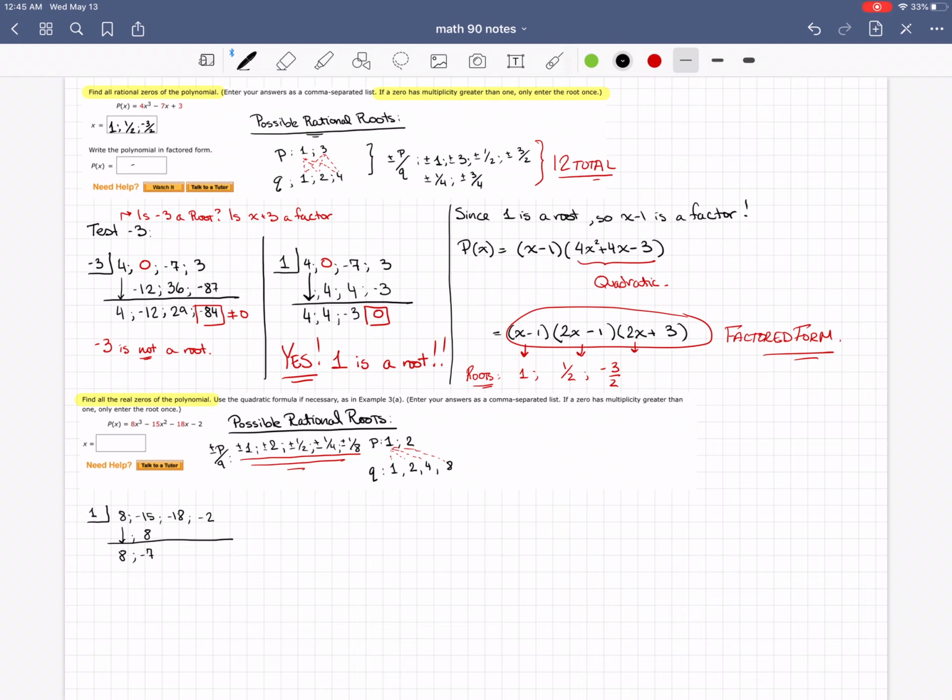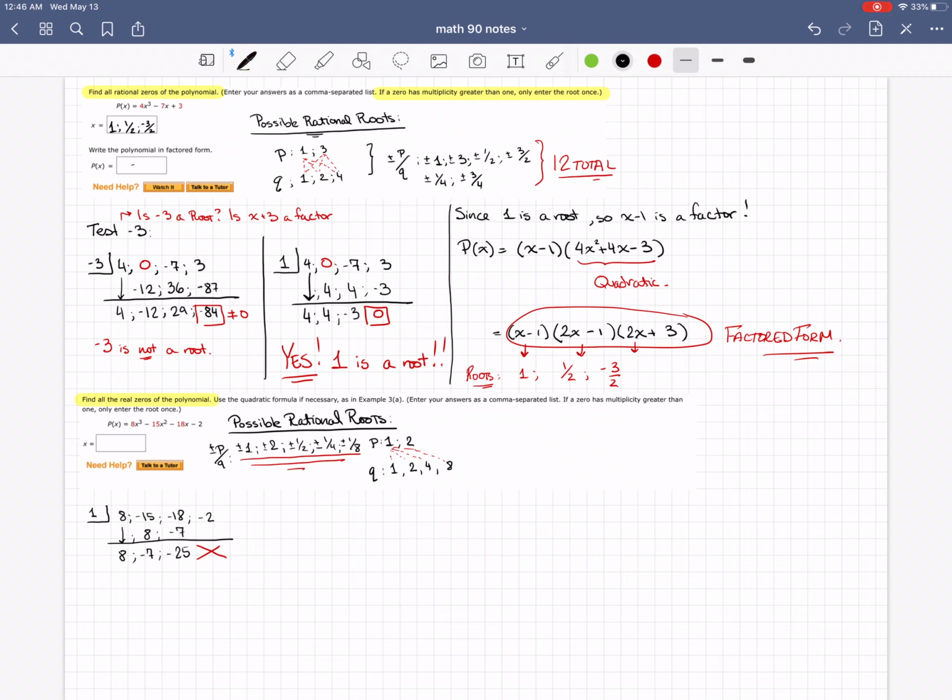Yeah, it's not going to work out. -7 times 1 is -7. See, too big. Then we have -25. Yeah. So you know what I'm going to do? I'm actually not even going to keep going. I'm just going to exit out because I can already tell that when I continue on, the remainder I'm going to get is not going to be 0.